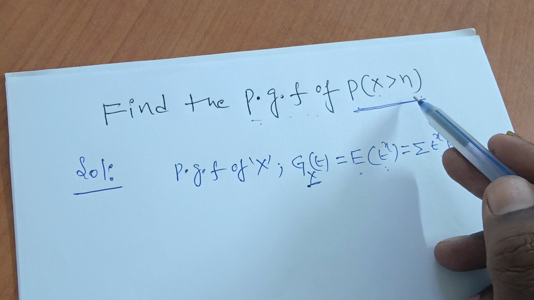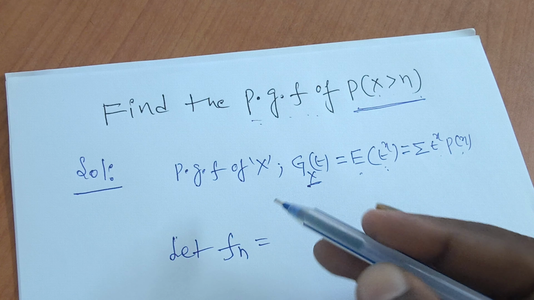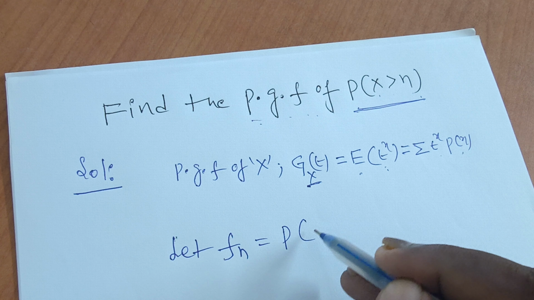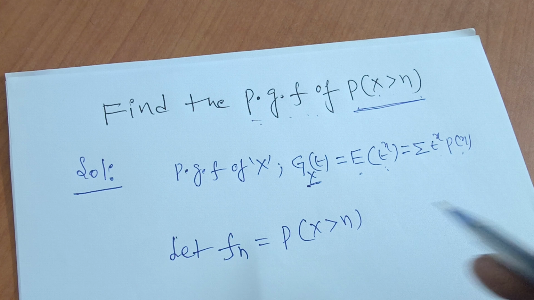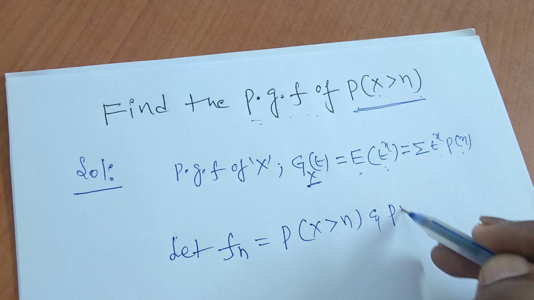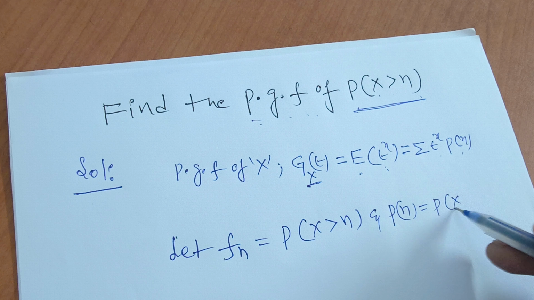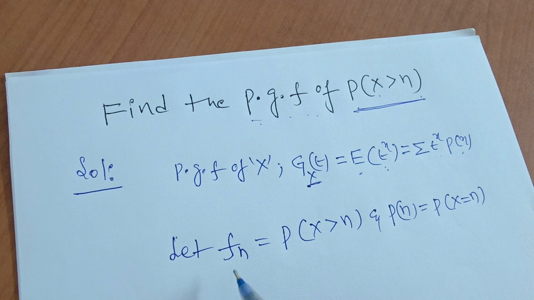To find the value of p of x greater than n, let us take fn equals to p of x greater than n and p of n equals to p of x is equal to n. Means the probability of a random variable being greater than any value can be taken as fn.